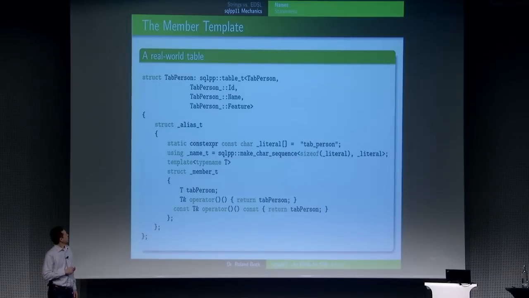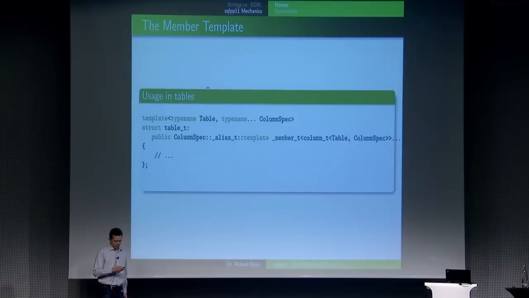And then a table inherits from a table template using CRTP. So this is how this alias information gets into the table template, and then it uses the column specification for all the columns which are in this table as additional parameters.